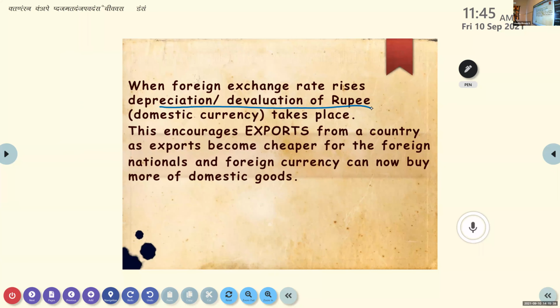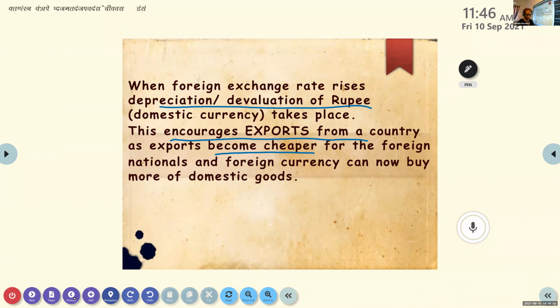This results in depreciation or devaluation of our rupee. This will be helpful for increasing exports from our country. How is it helping? Because it is becoming cheaper for foreign nationals, and with a particular foreign currency they can buy more domestic goods here.